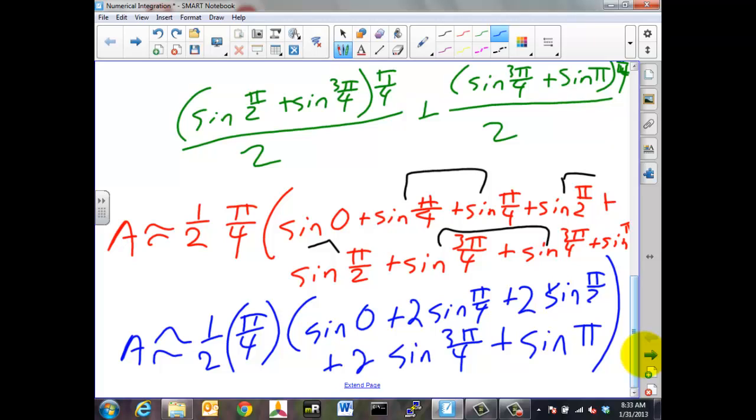Okay? So, can you simplify for me in words how to find the areas of those?